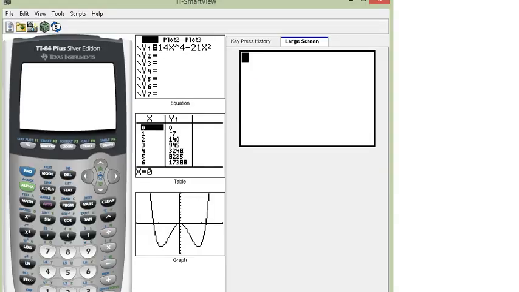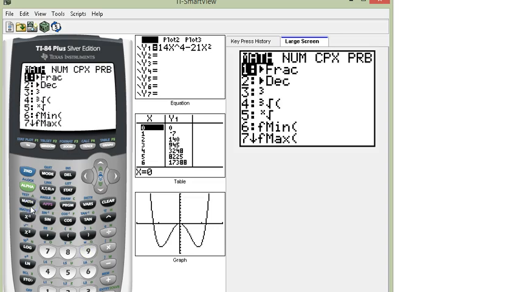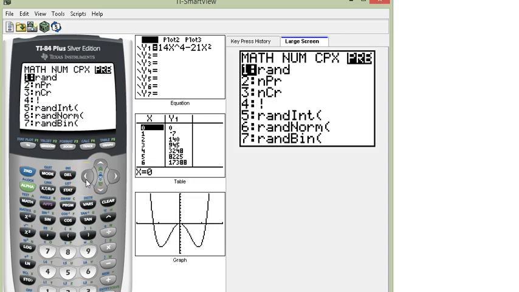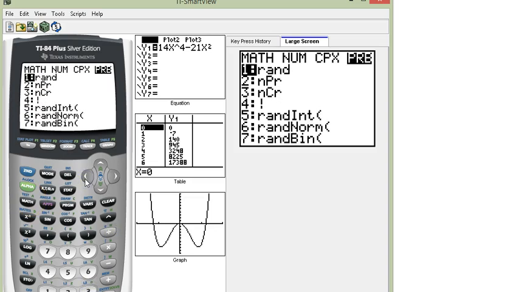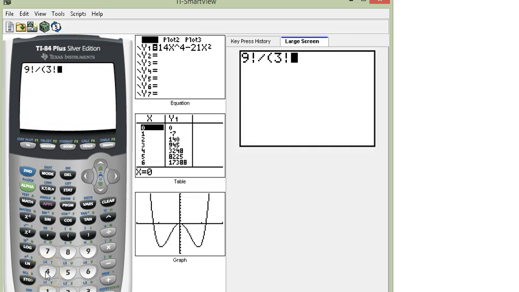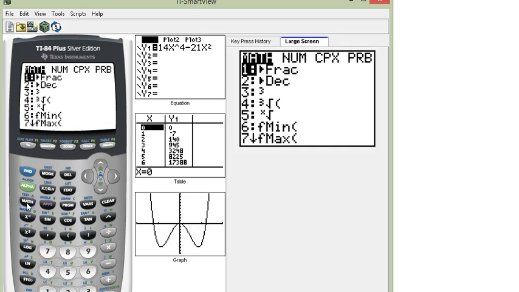So now we can use our calculators to go through these calculations dealing with larger factorials. If we type in 9, click the math button, go over to probability, number 4 is the factorial. So we're taking 9 factorial divided by, make sure you use parentheses, 3 factorial times 3 factorial.